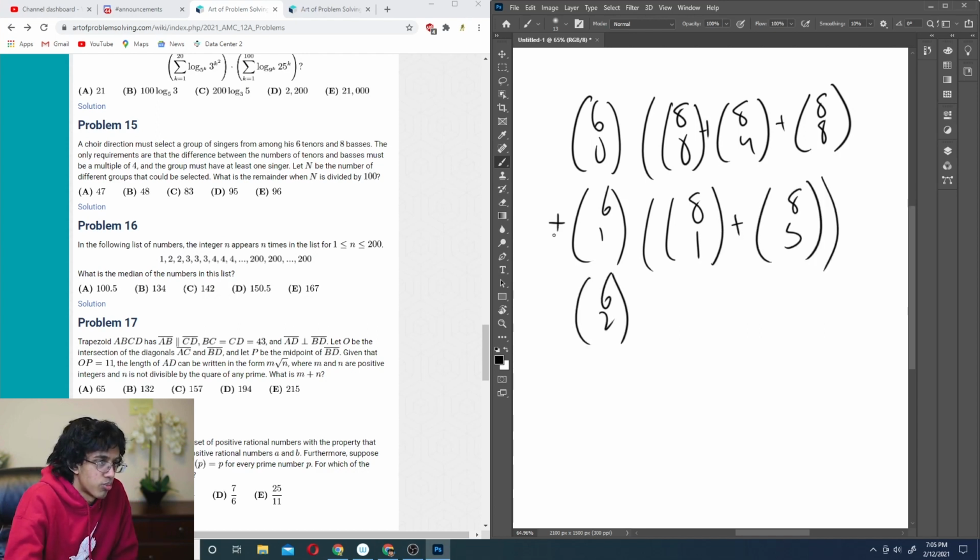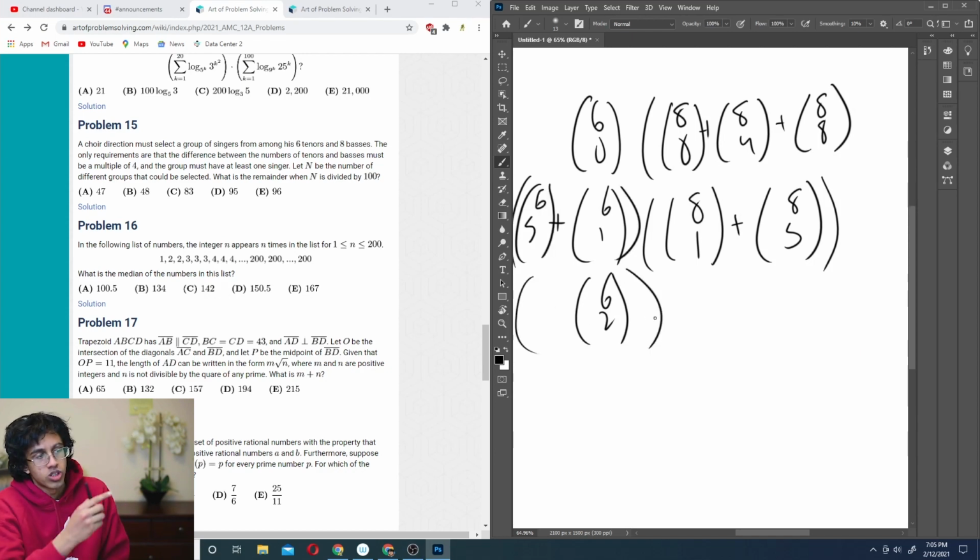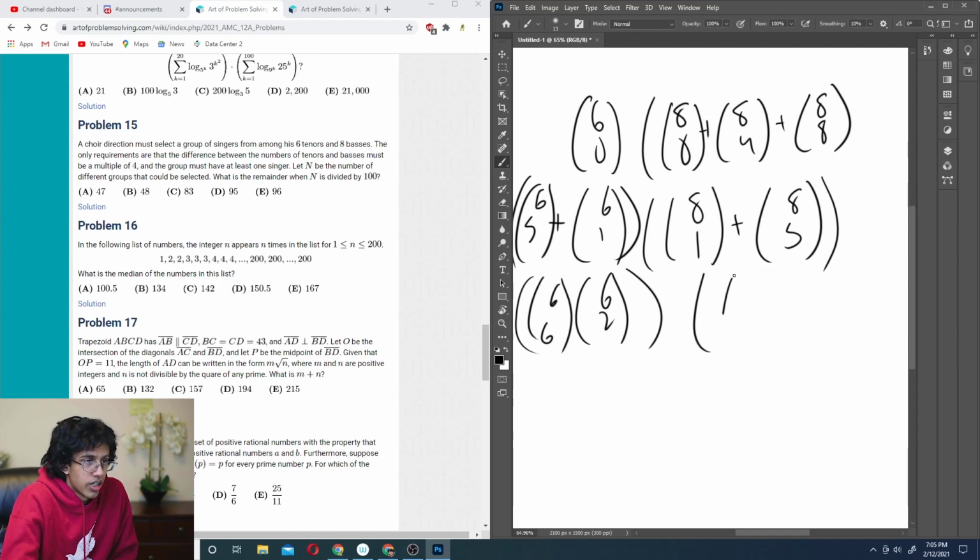Well, I guess this is also applicable to 6 choose 5, right? And then the other one is, if you choose 2 or 6, then we could do 8 choose 2 or 8 choose 6.